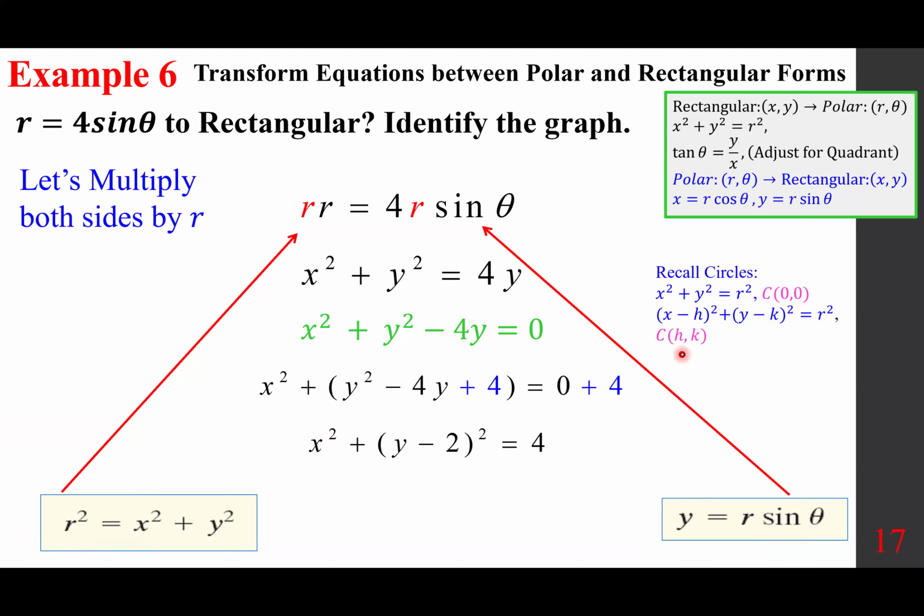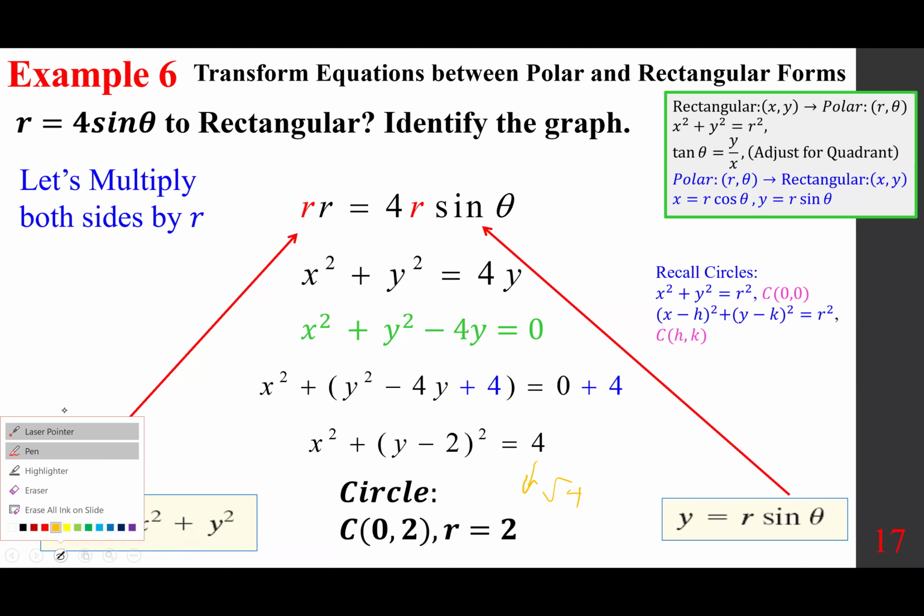I hope everybody remembers that. And therefore, it's a circle centered at 0 comma 2, radius square root of 4, which makes it 2.